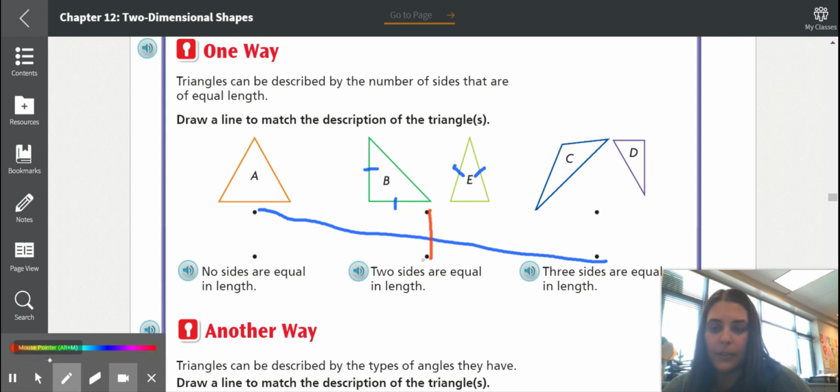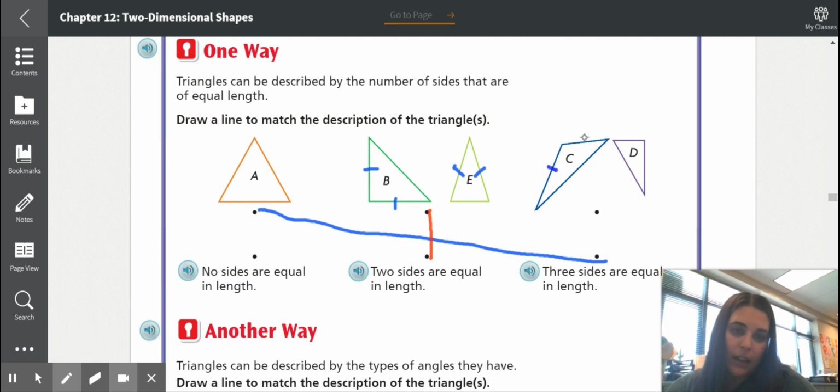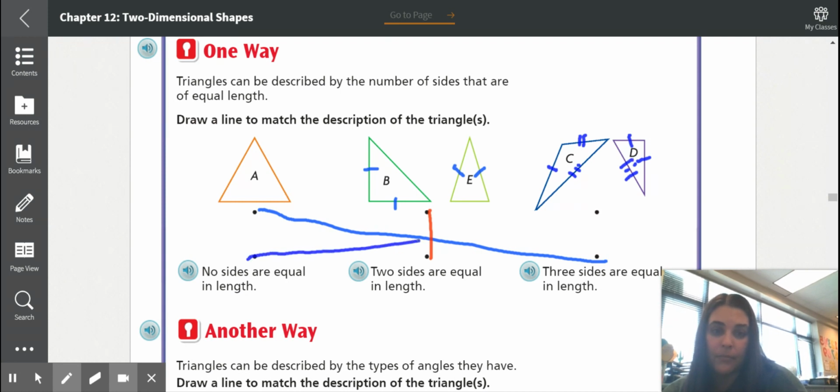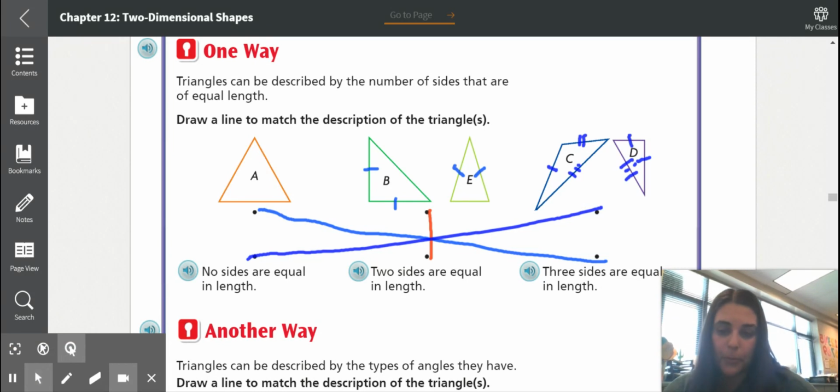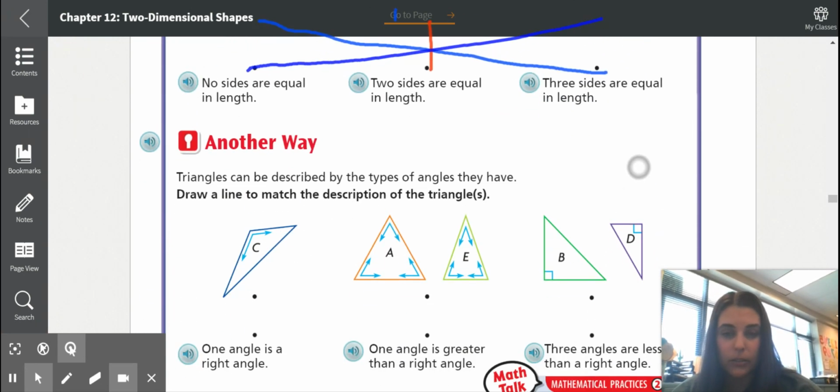And the last one, no sides are of equal length. If we look at C, all 3 sides are different lengths, so none of those sides are the same. So that's how we would match those. That's one way we can talk about triangles: are the 3 sides equal, are some of them equal, or none of them equal?